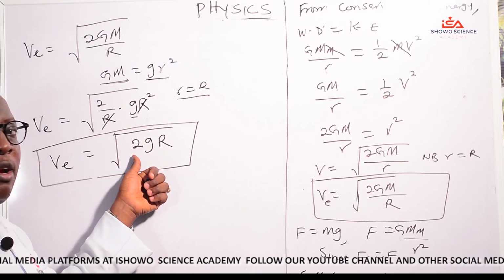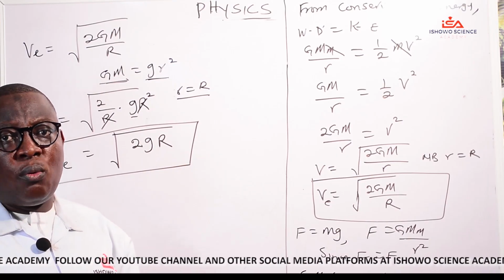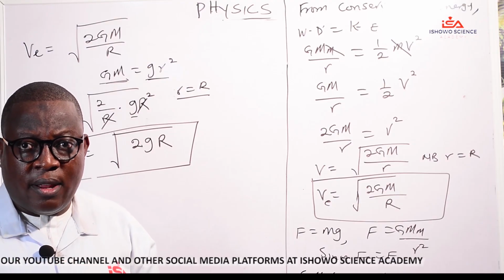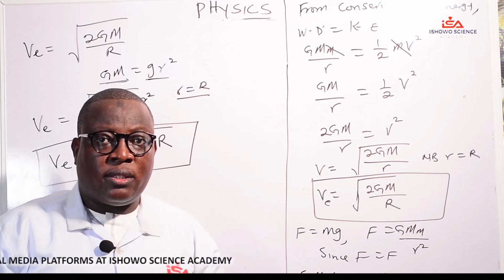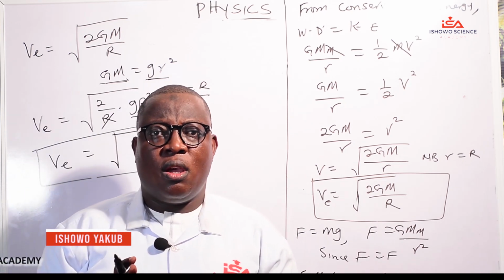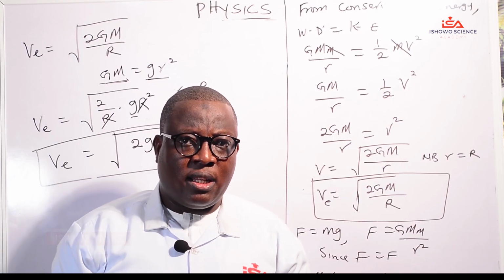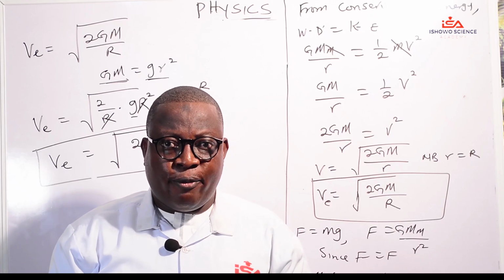If the only values you are given are the radius of the earth and the acceleration due to gravity, and you have to calculate the escape velocity, you are going to apply this one. So either of the two is correct as a formula to calculate the escape velocity of a rocket or of a satellite, so that the object can move beyond the gravitational influence.